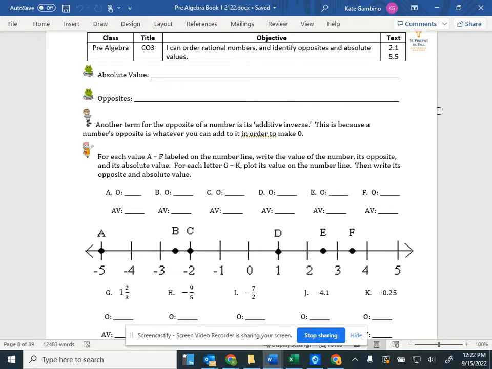So first things first is we need to have our definitions. What is the absolute value? Absolute value is the distance of a number from zero.